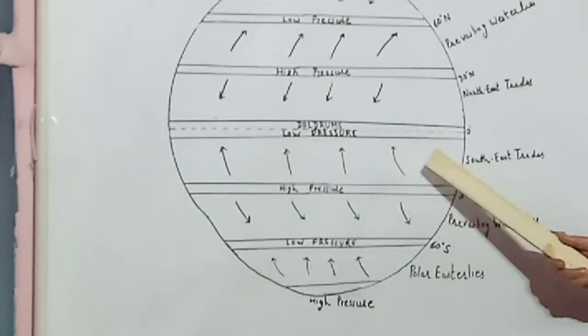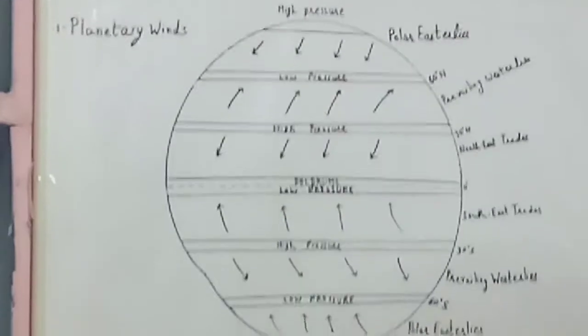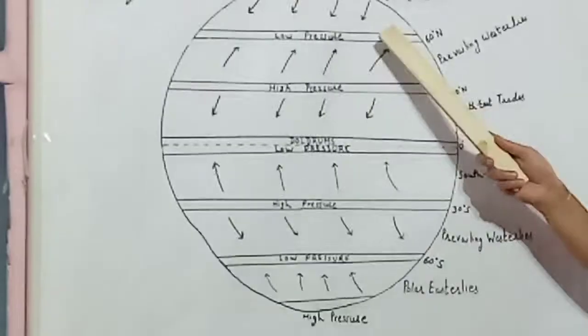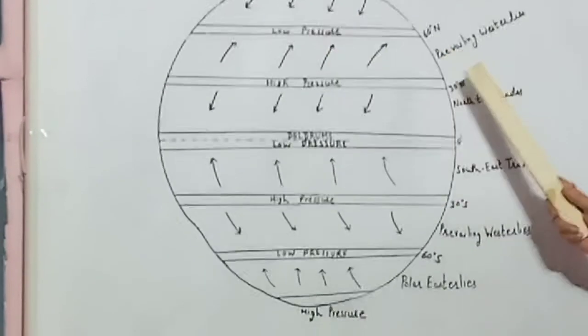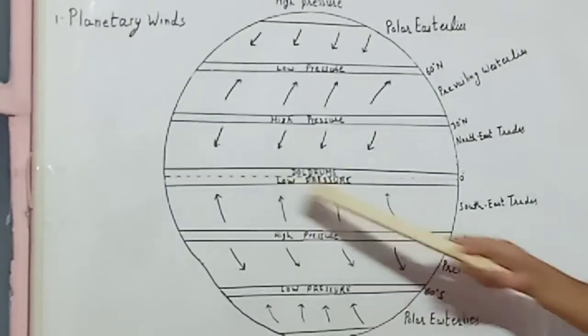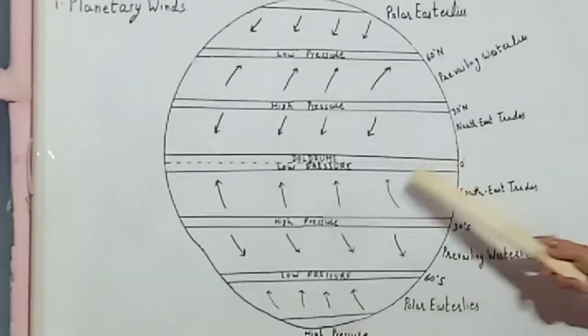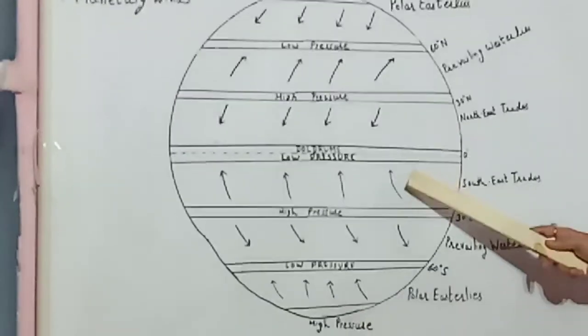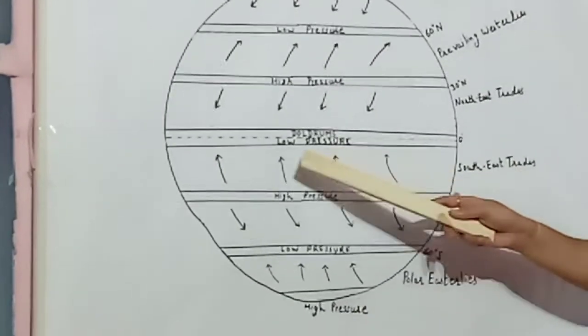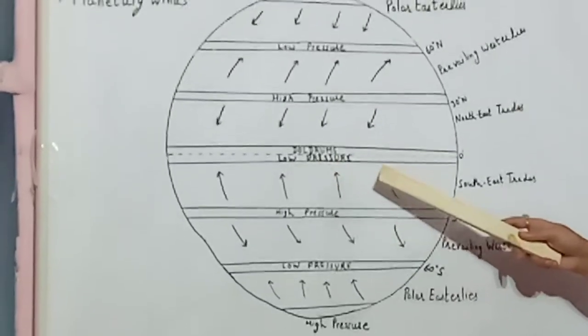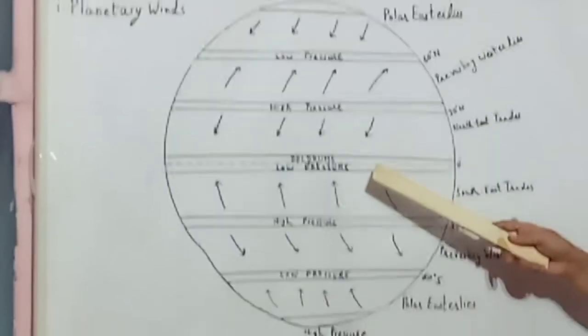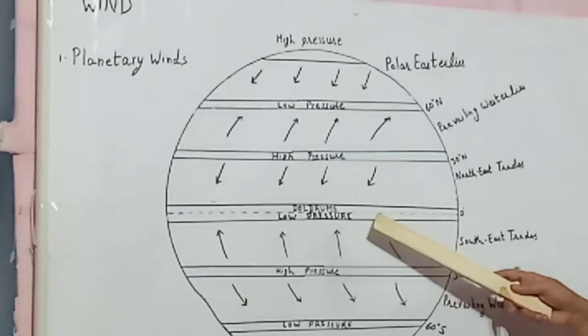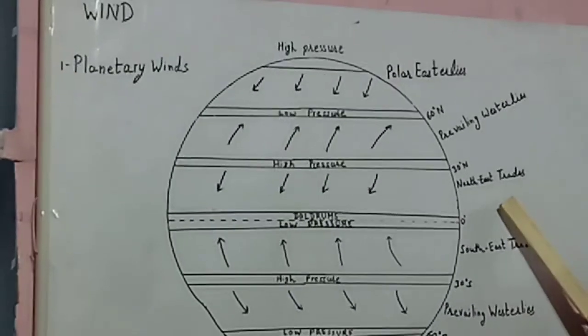So students, you can see in this image there are different types of winds, and this is the equator line, and at the equator, this area is a low pressure belt, also called the doldrums. They are constant in strength and direction, and are therefore called trade winds.